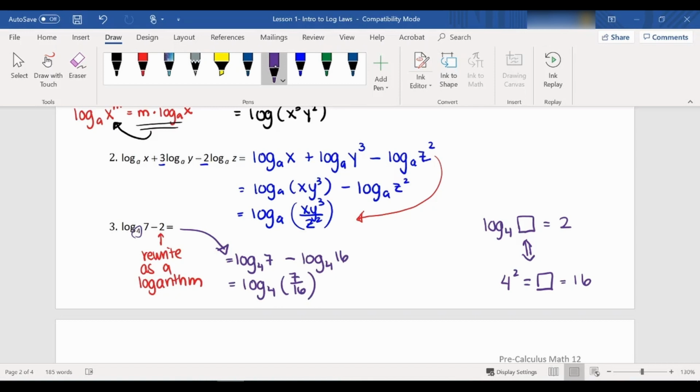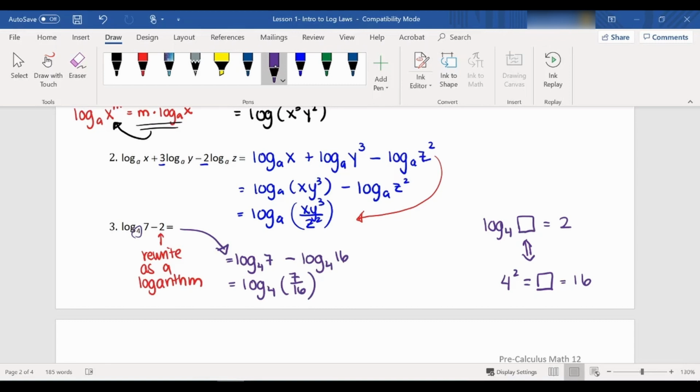Again, it did not say evaluate. We can't evaluate this because log base 4 of 7 is not a nice thing. It just said express as a single logarithm. That's it. Okay. So all of these questions that we've just done on this page, we've used our log laws to put all these different logs back together in one statement that is possibly easier to evaluate if you're looking at 1, 2, and 3, or at least simplify it if you're looking at the second set of 1, 2, and 3.